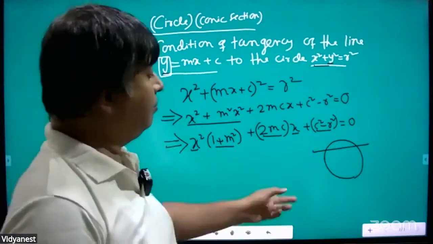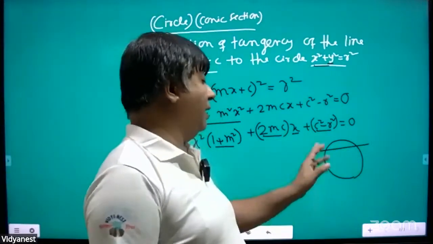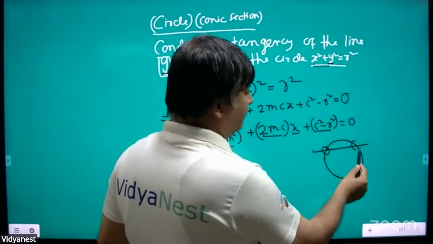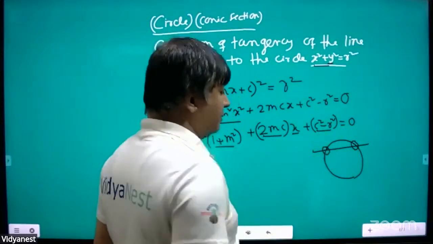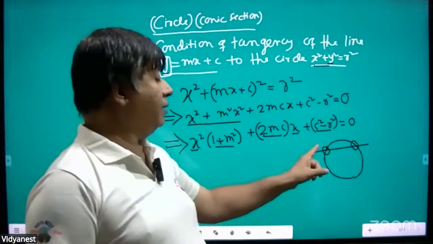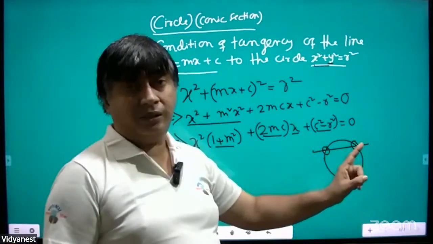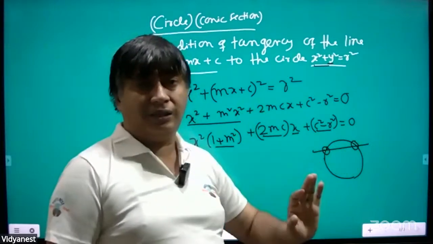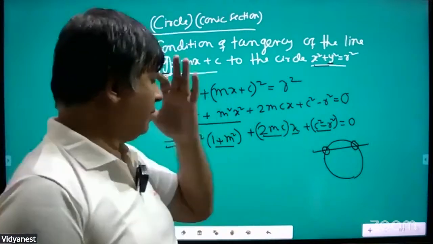Now, the line meets the circle at 2 points. It means the x component of two intersecting points exists.